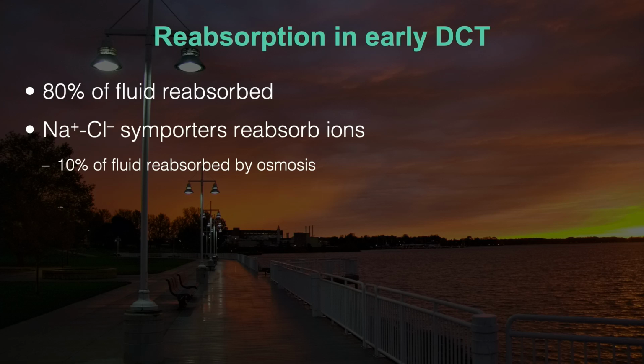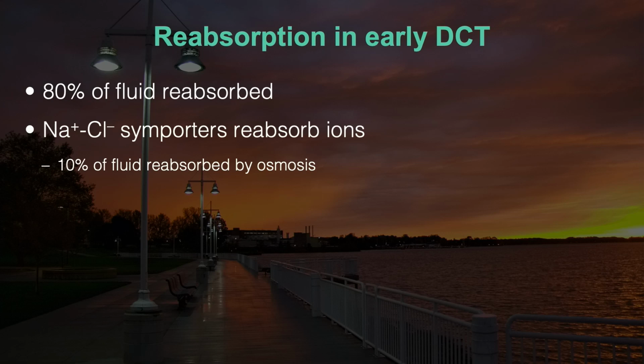Here, the first thing that happens, perhaps unsurprisingly, is that sodium and chloride are moved in, are reabsorbed, which will pull water with it. In this stage, we're outside of the loop, so there is water reabsorption. But we have control over the activity of these symporters through the actions of aldosterone.